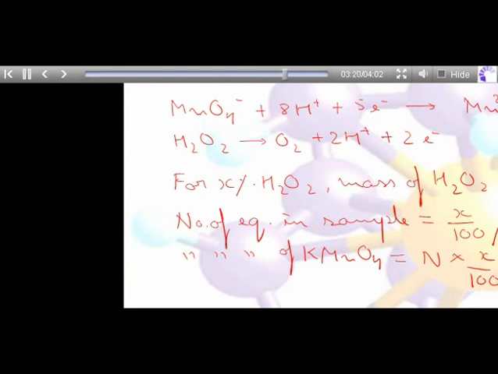Let's mark this equation as equation B. Now equating the values of equivalents of hydrogen peroxide and potassium permanganate, we obtain X upon 1700 equivalents is equal to X upon 1000 into N equivalents. On solving this equation, we get N is equal to 10 by 17 equivalents per liter, which is equal to 0.588 equivalents per liter. This is our final answer.